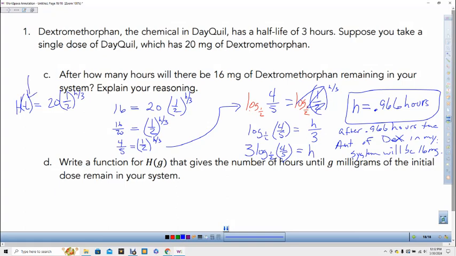That way we're plugging in time, and we're getting out the amount, the milligrams.